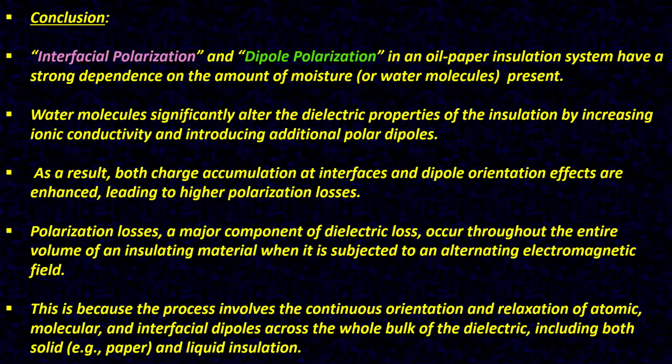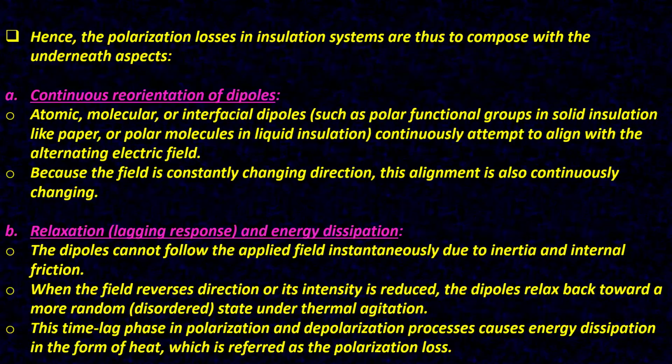This is because the process involves the continuous orientation and relaxation of atomic, molecular, and interfacial dipoles across the whole bulk of the dielectric, including both solid, as for example kraft paper, and liquid insulation, that is oil. Hence, the polarization losses in insulation systems are composed of the underneath aspects.